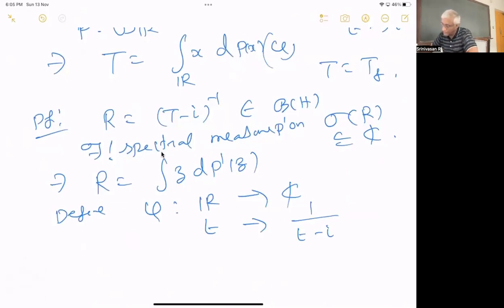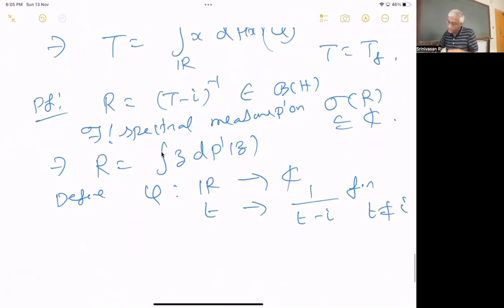It is defined almost surely for t not equal to i. But we only need a measurable function which is defined almost everywhere. On measure zero sets, we can remove the set and you don't care what happens there. Just from R to C.